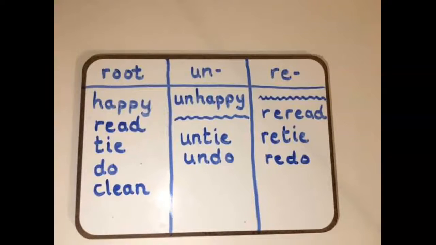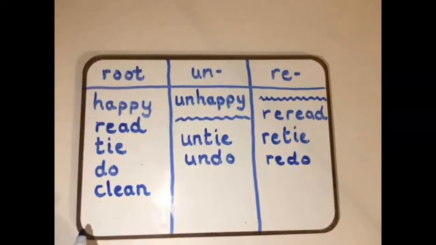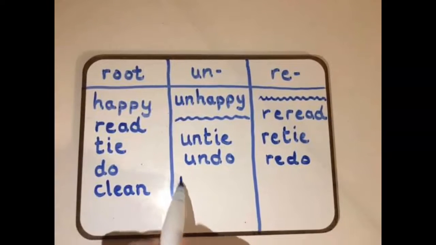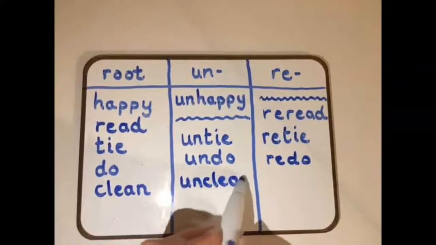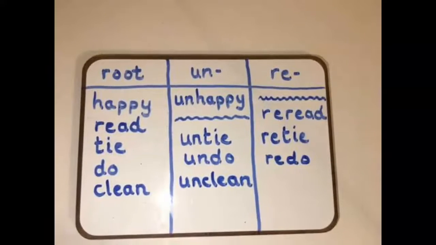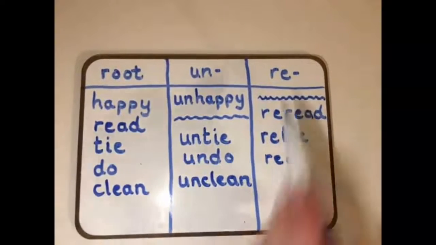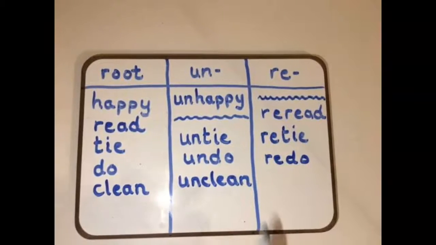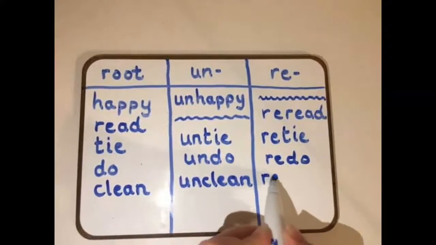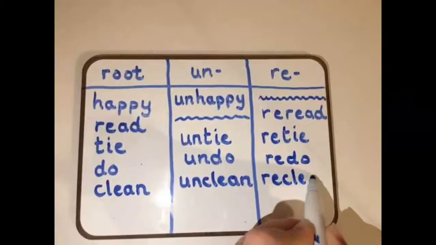All right, so we have clean. Unclean, is that a word? Sure. When we are not clean, well, I was playing in the mud and got very unclean, right? What about re-clean? Sure. The sink was dirty, so I had to re-clean it.